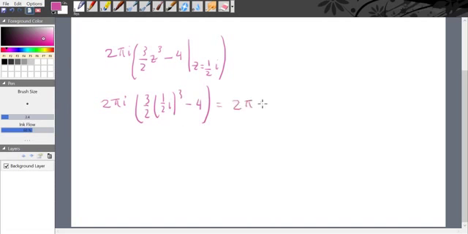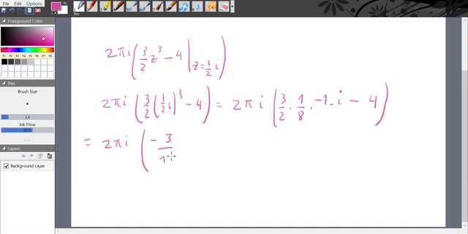Solving the numbers in the bracket, we have 2 pi i times 3 over 2 times 1 over 8 times minus 1, since i squared is equal to minus 1, with i because it is i to the power of 3, minus 4. Rearranging, we have 2 pi i times minus 3 over 16 i minus 4.